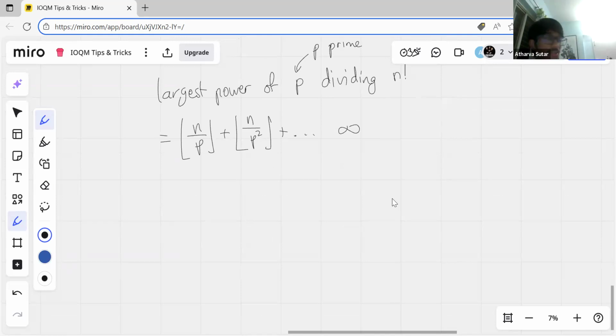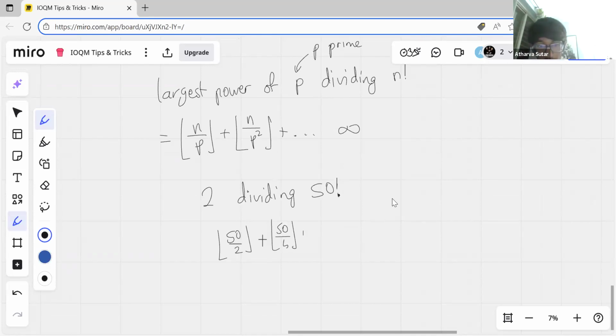For example, to calculate the largest power of 2 dividing 50 factorial, you get 50 by 2 plus 50 by 4 plus 50 by 8 plus 50 by 16 plus 50 by 32.